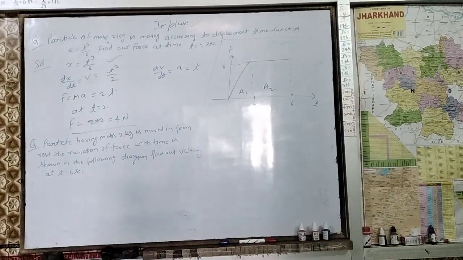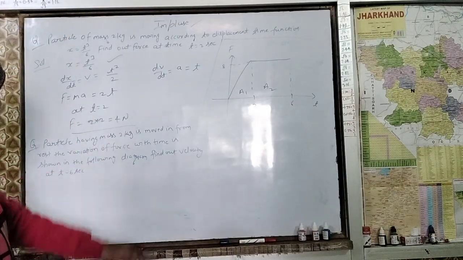Total change in momentum is known as the area under the curve. Formula is very simple.